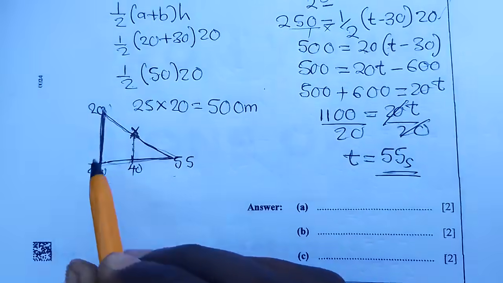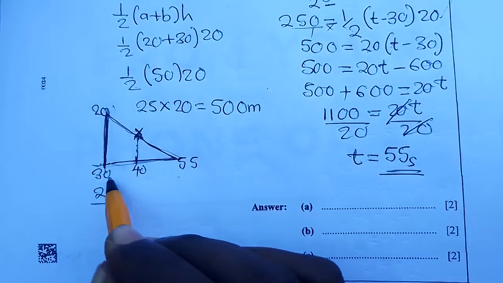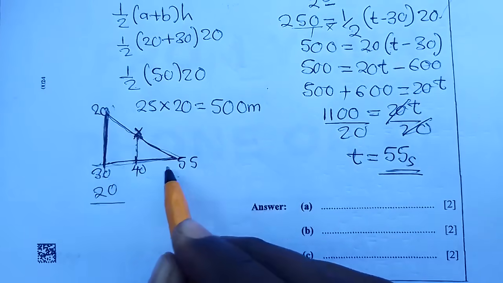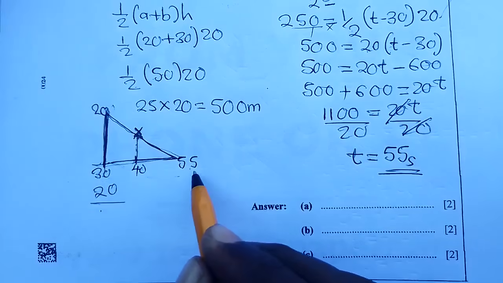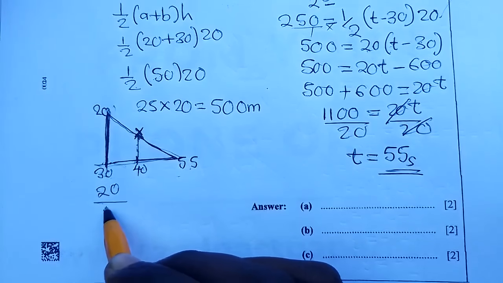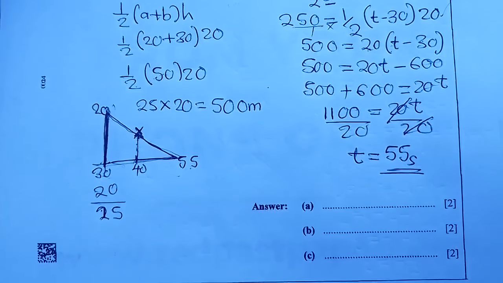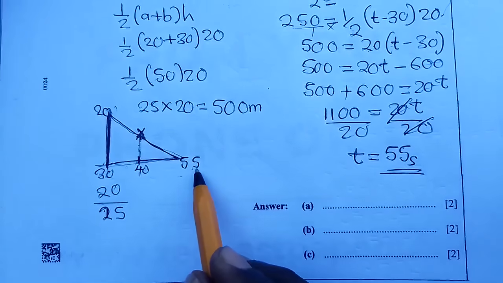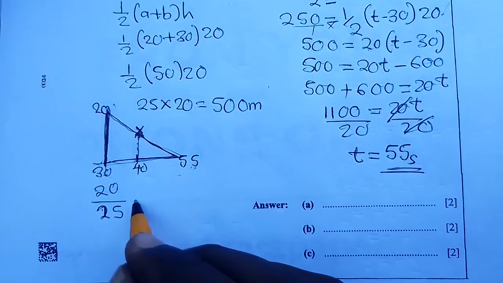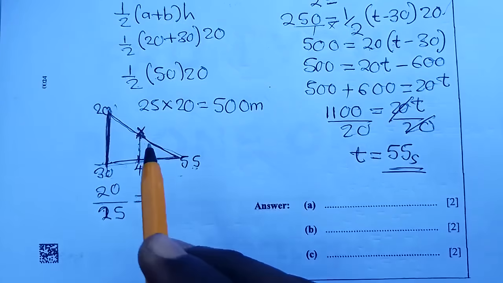So 20 over, from here to there, it is what? This one minus that one. It is 25. 55 minus 30, 25.